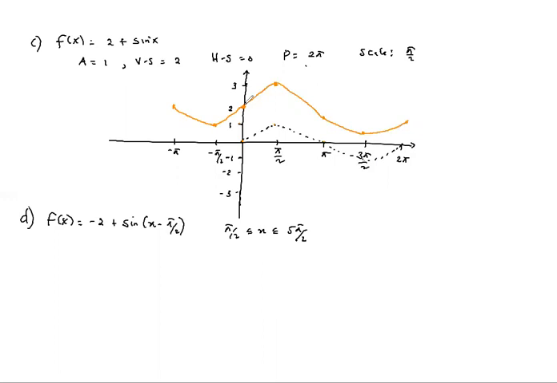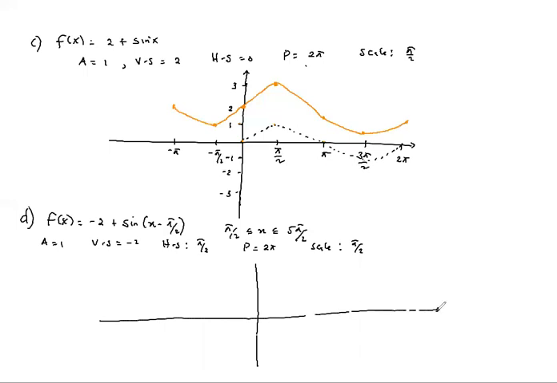So D, we have the amplitude 1, vertical shift negative 2, horizontal shift pi over 2, period 2 pi, scale pi over 2, and then you put up the graph. So we have pi over 2, we have pi, 3 pi over 2, 2 pi, and 5 pi over 2.